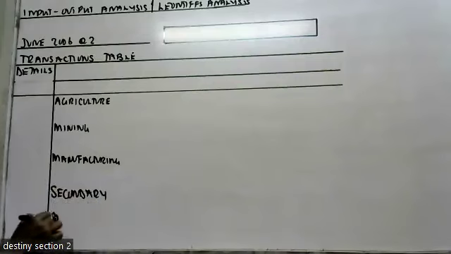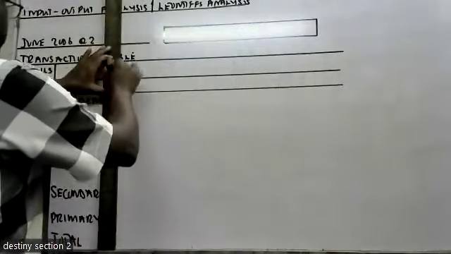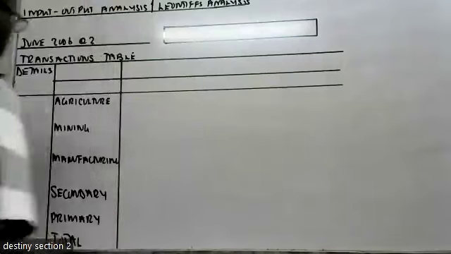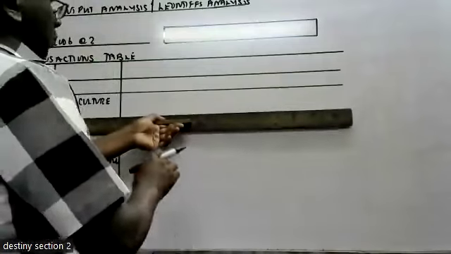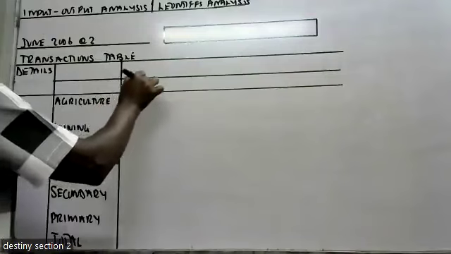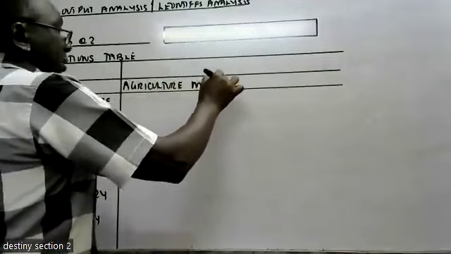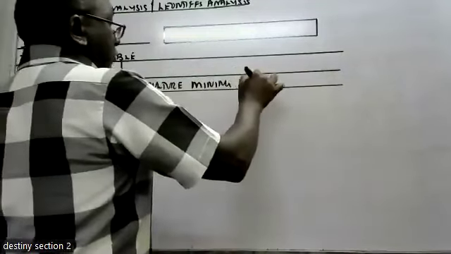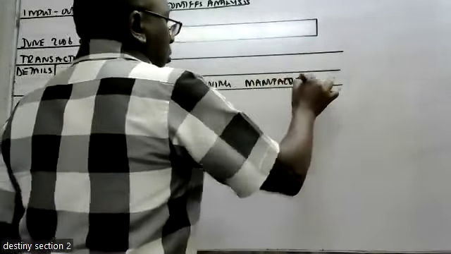We have another one that we call primary. And we have another one that we shall call total. So here I have agriculture, mining, manufacturing.